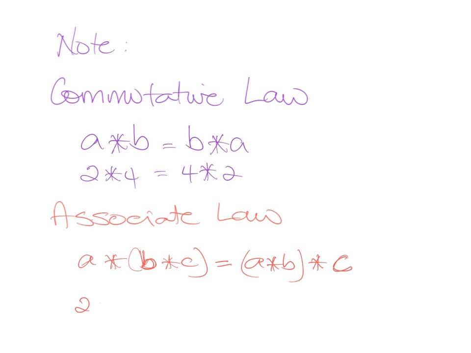So for example, if you had 2 star 4 star 1, and when you worked it out, it gave you the same answer as if you had worked out 2 star 4 then star 1, then the binary operation is said to be associative. It won't always be equal. You have to work it out to know whether it's commutative or whether it is associative.